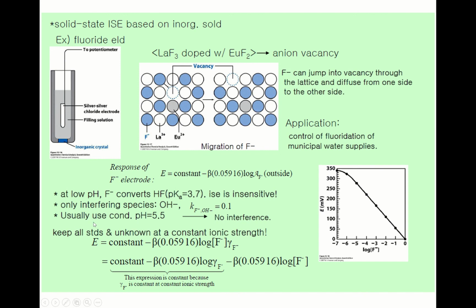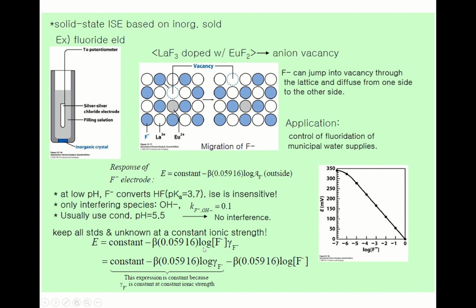Usually the condition used is pH 5.5. At this pH, since the hydroxide ion concentration is quite low, there is no interference effect. Keep all standards and unknowns at a constant ionic strength.